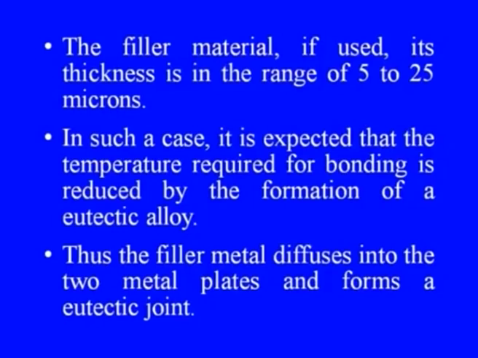In such a case, it is expected that the temperature required for bonding is reduced by the formation of a eutectic alloy. Thus, the filler metal diffuses into the two metal plates and forms a eutectic joint.